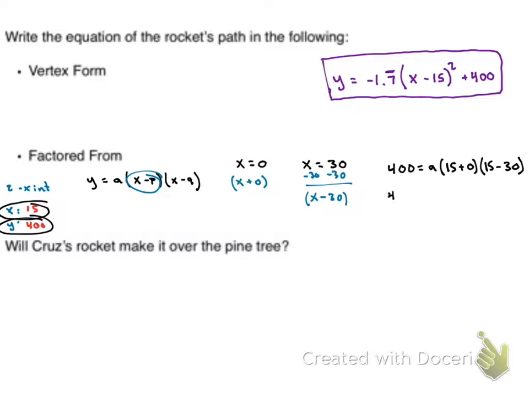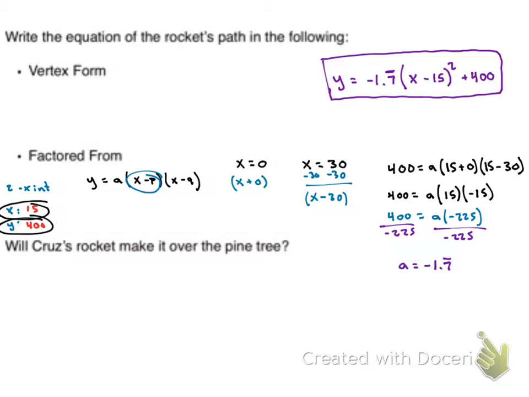So now simplifying all this, we get 400 equals a times 15 times negative 15. And I think you'll notice in this step that it's pretty similar to the one up above. Times negative 225, divide by negative 225, and we get that a equals negative 1.7 repeating, which is the same thing we got above.